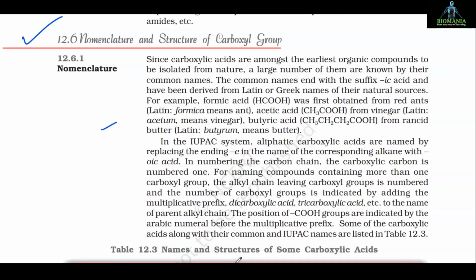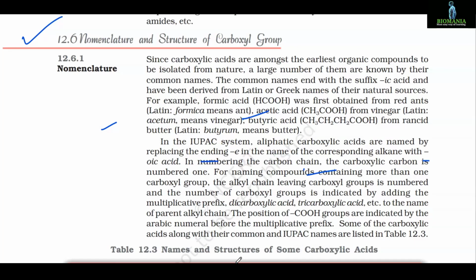In the IUPAC system, aliphatic carboxylic acids are named by replacing the ending e in the name of the corresponding alkane with -oic acid. In numbering the carbon chain, the carboxylic carbon is numbered 1.